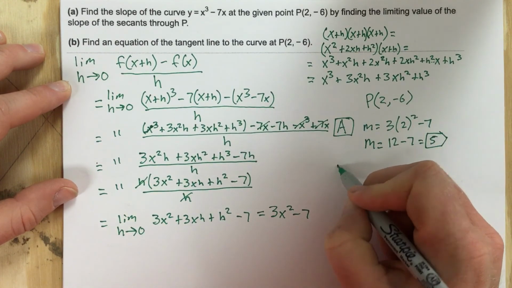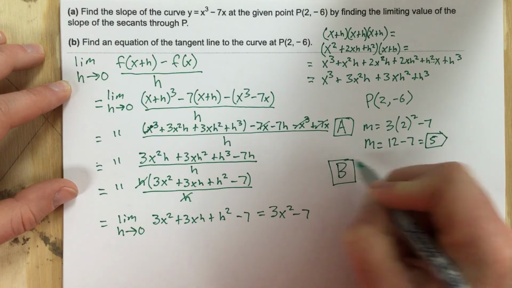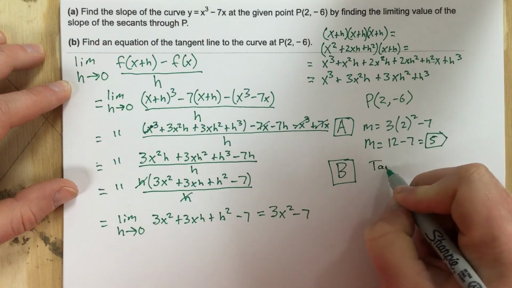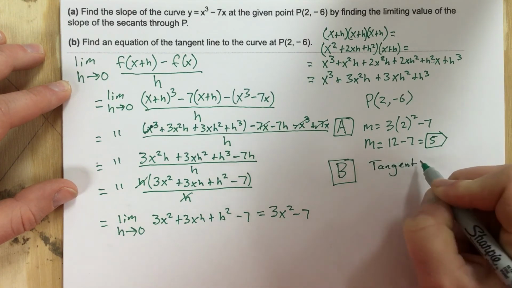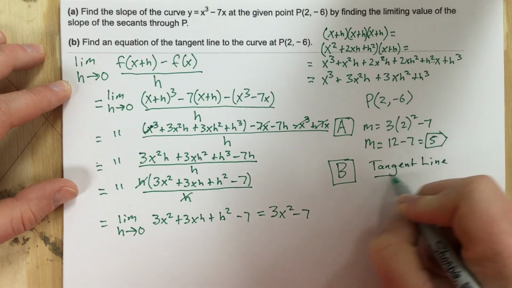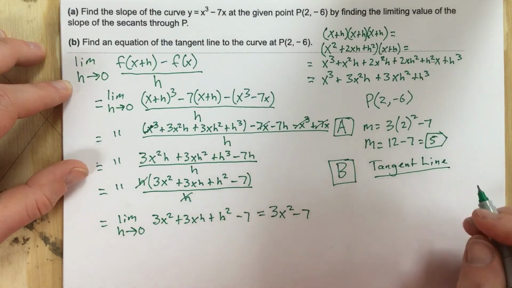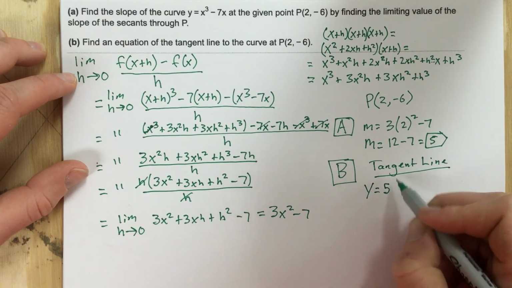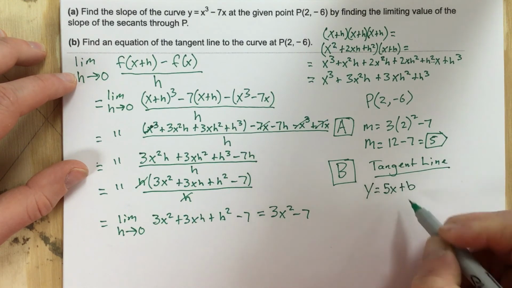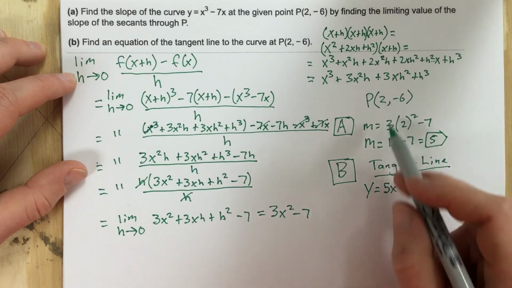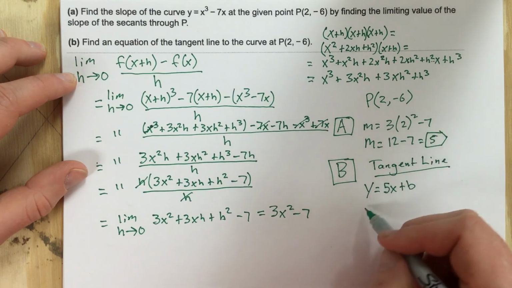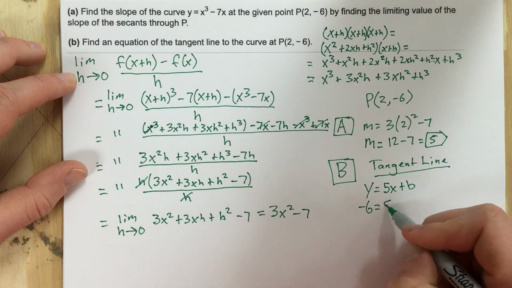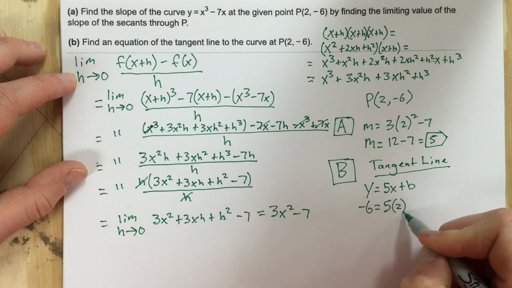Now I want to find the tangent line, which is part B. In order to find this tangent line, I'm going to say y equals 5x plus b. Take this coordinate, plug it in, because I need to have this line go through that point. So negative 6 equals 5 times 2 plus b.